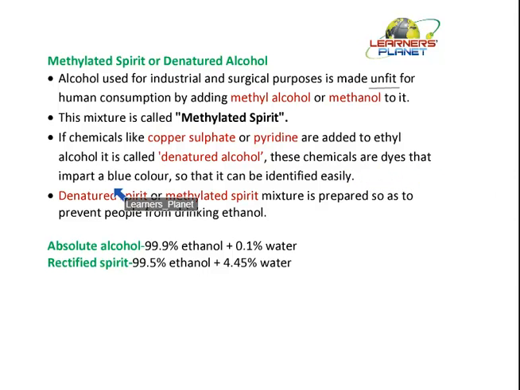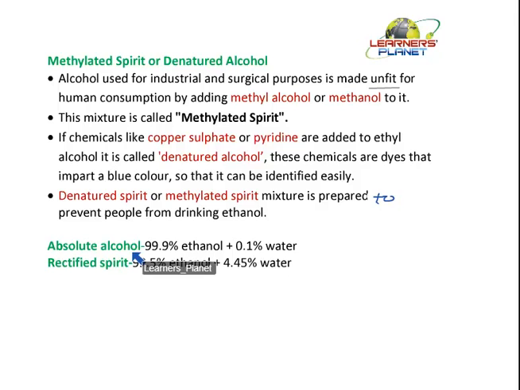These chemicals are dyes that impart a blue color so that it can be identified easily. Denatured spirit or methylated spirit mixture is prepared to prevent people from drinking ethanol, or to restrict people, you can say.